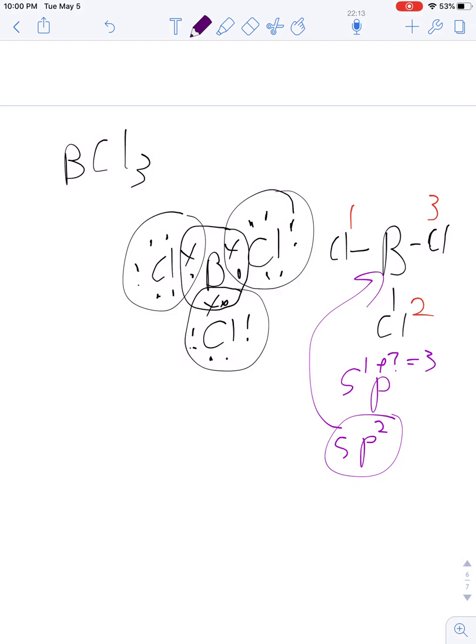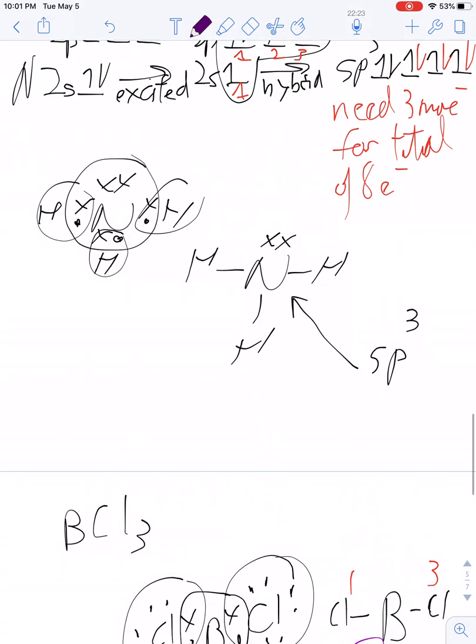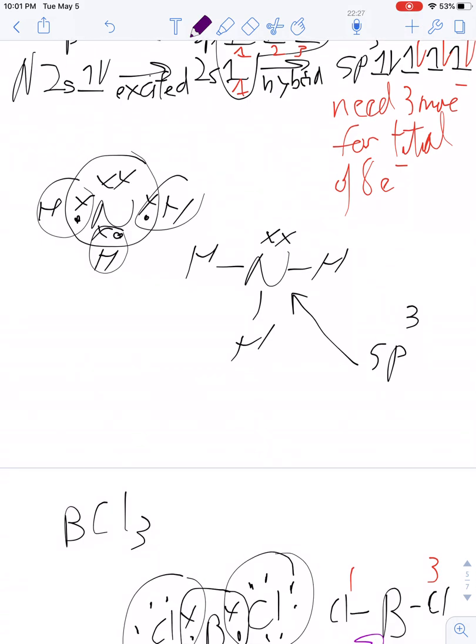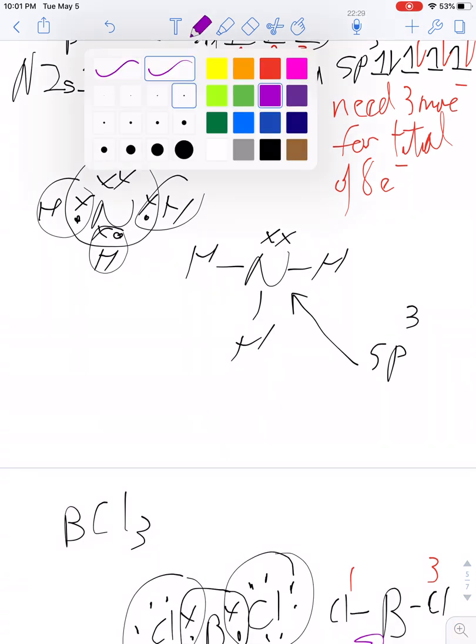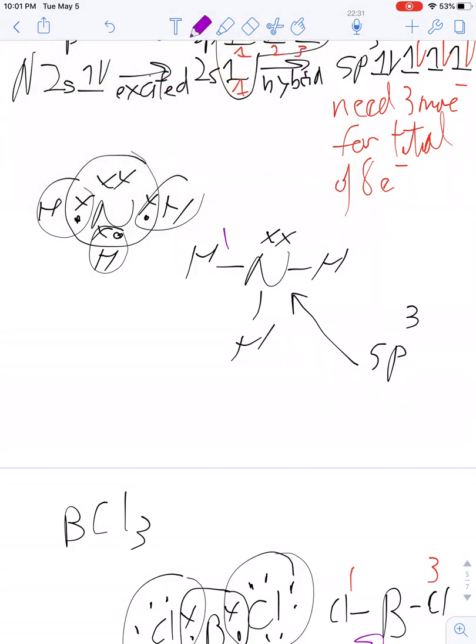Now you might say, well, Mr. Strauss, it says right here I got 3 things attached. Why'd you have to do the Lewis dot structure? Because I said the number of things attached. I didn't say the number of atoms. So if we look at ammonia here, how many things are attached to the ammonia? 1, 2, 3, and the lone pair counts as 4.